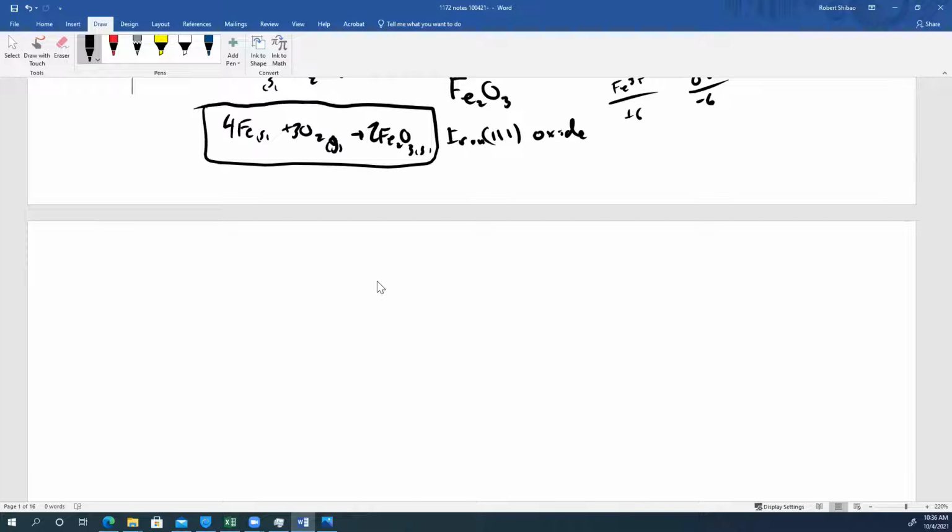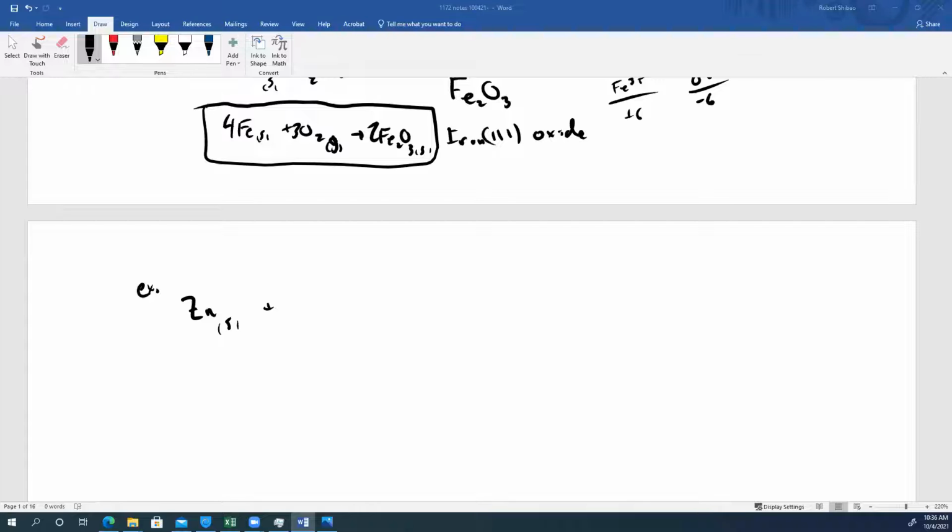Now, for fixed charge, let's take a look at something with a fixed charge, zinc. Let's do zinc. What's the fixed charge on zinc? Yeah, +2.